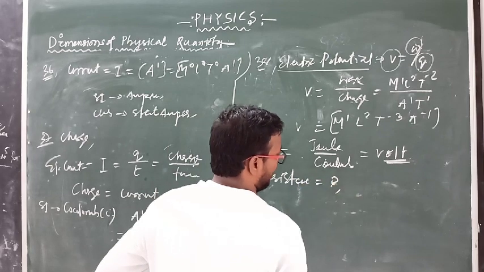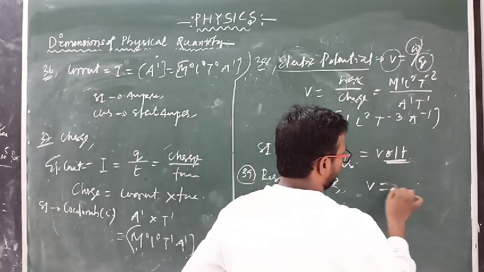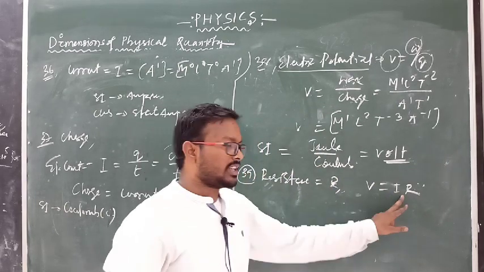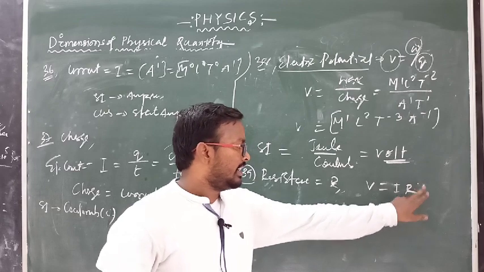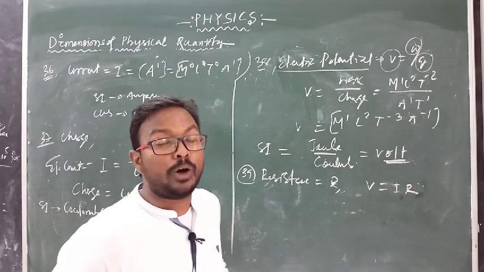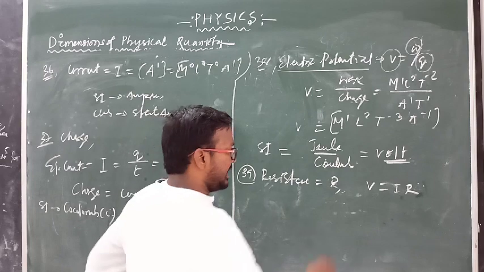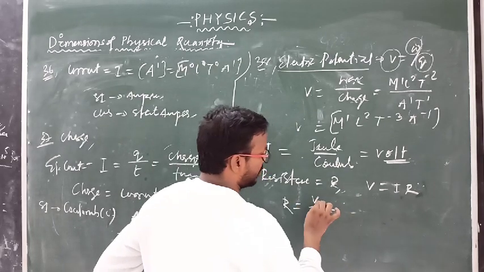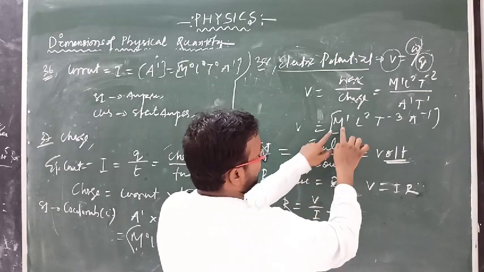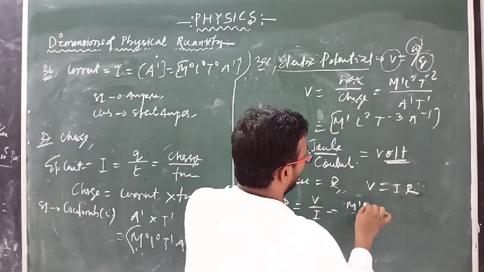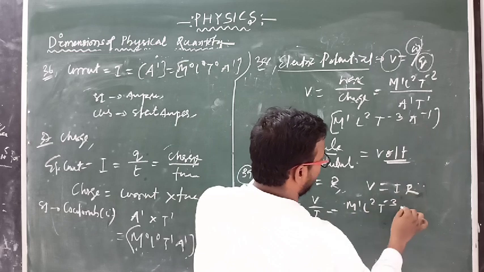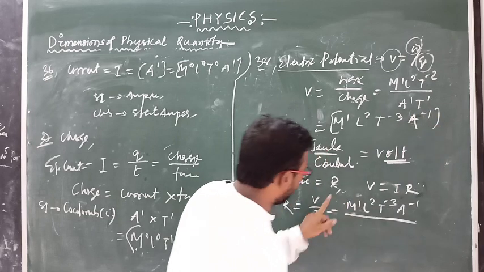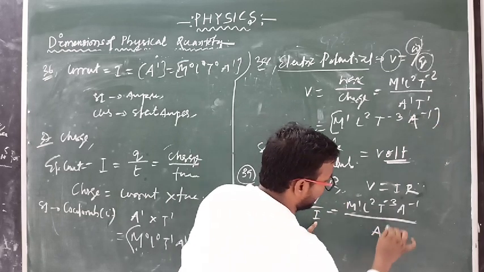So you can write another dimensional formula, that is resistance, which is denoted by R according to Ohm's law. You understand Ohm's law, V equal to IR. Potential is directly proportional to current, and one constant applies here. This constant is known as resistance, opposition, and this resistance can be found as R equal to V by I. V is potential, whose dimension is M1 L2 T minus 3 A minus 1, divided by I, the current, that is A1.